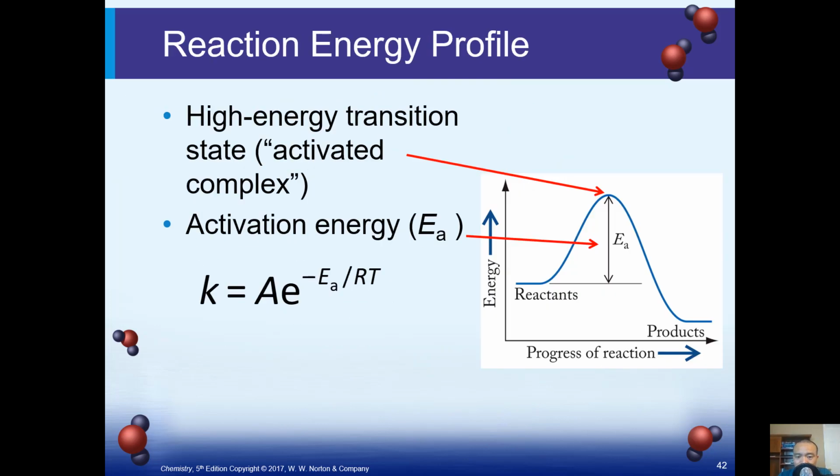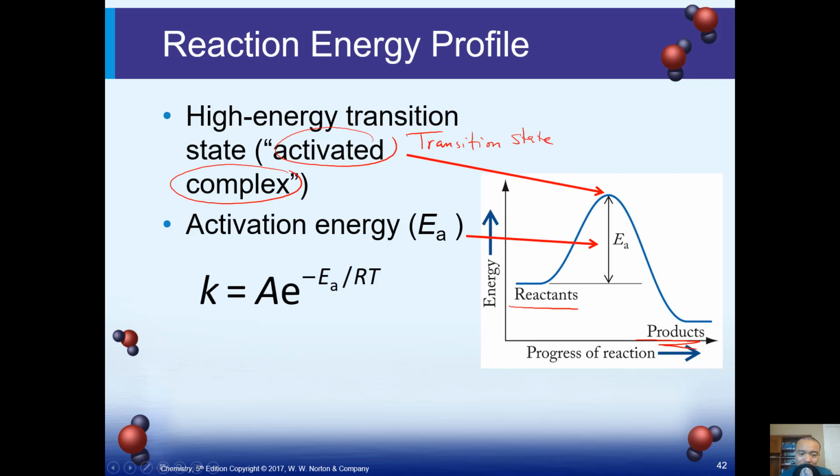We can illustrate the role of activation energy by considering the relative internal energies of the reactants and the products. The curve you see here is the so-called reaction energy profile. The highest point, the apex, is the so-called activated complex, or sometimes we also call this the transition state.